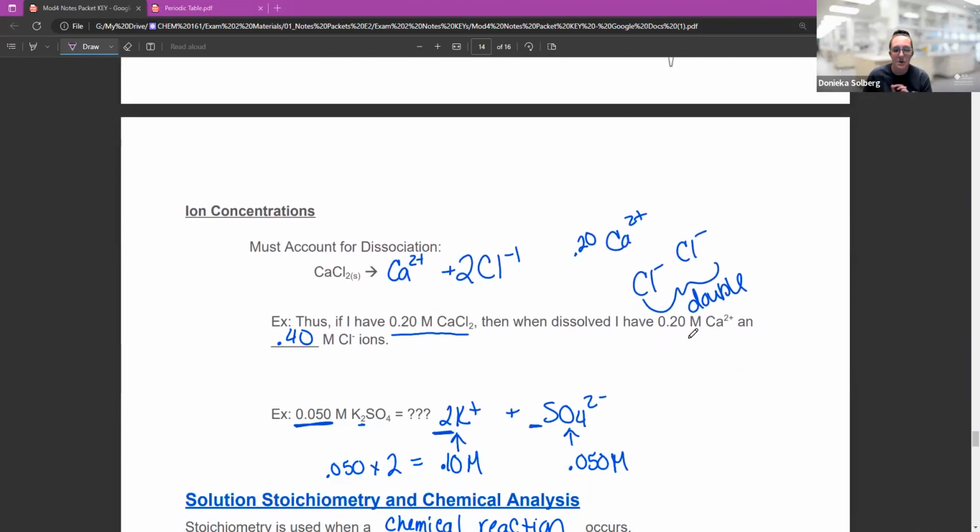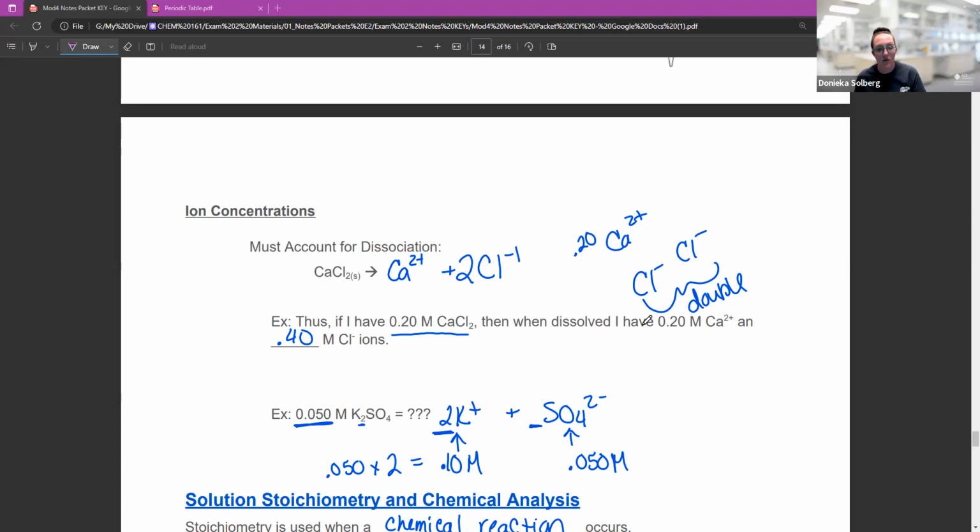Now to go just a little bit further into the concentration thing, we can also figure out ion concentrations. Especially when we're working with net ionic equations, I might want to know just the concentration of one ion in there, not the whole compound. So for example, when I put calcium chloride into solution, this is soluble, it turns into Ca2+ and 2 chlorides. Thus, if I have a 0.2 molar calcium chloride, if this dissolves, I'm actually going to have twice as many chlorides as I have calcium.